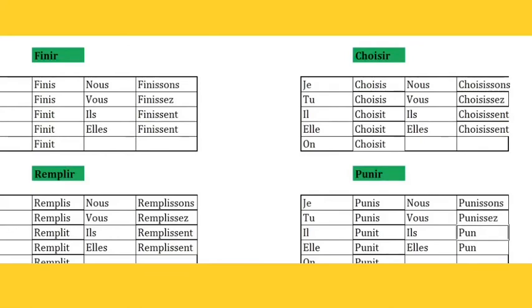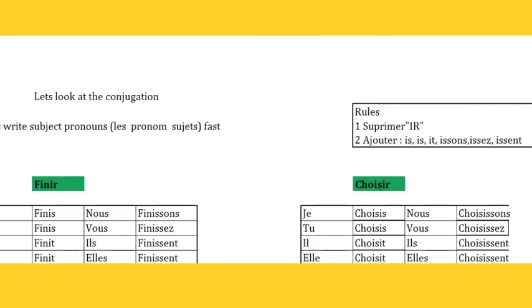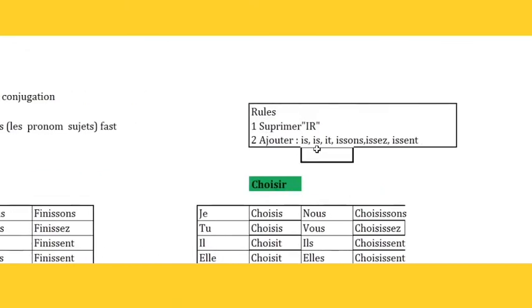For nous we are adding ISSONS. For vous we are adding ISSEZ. For ils and elles plural we are adding ISSENT. Je punis, tu punis, il punit, elle punit, on punit, nous punissons, vous punissez, ils punissent, elles punissent.